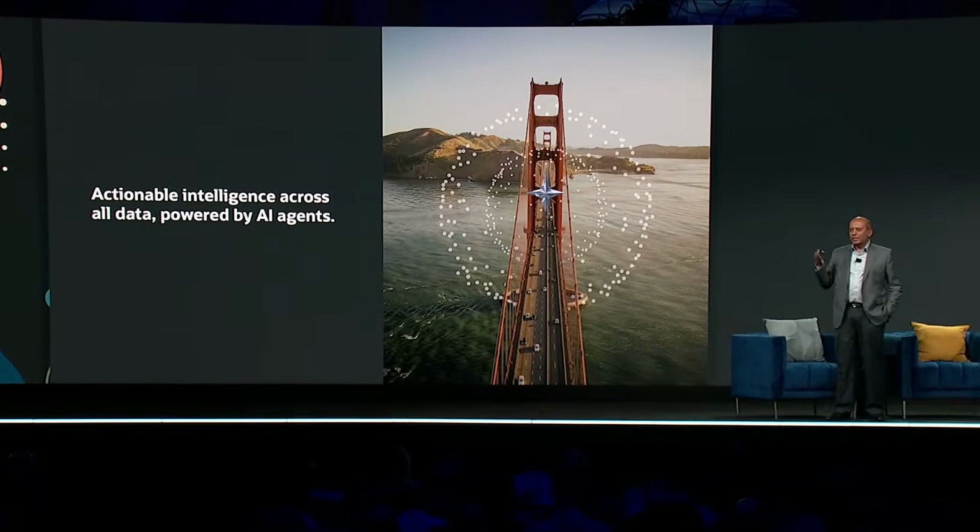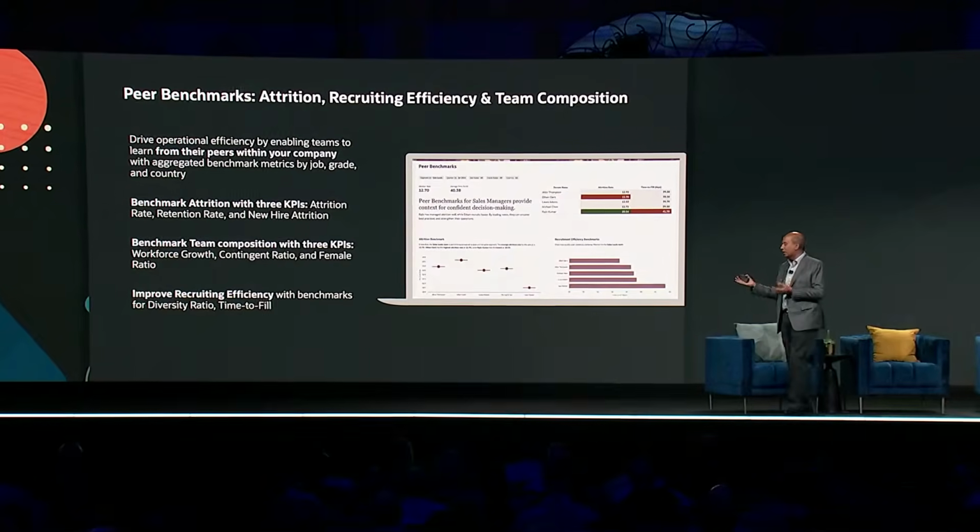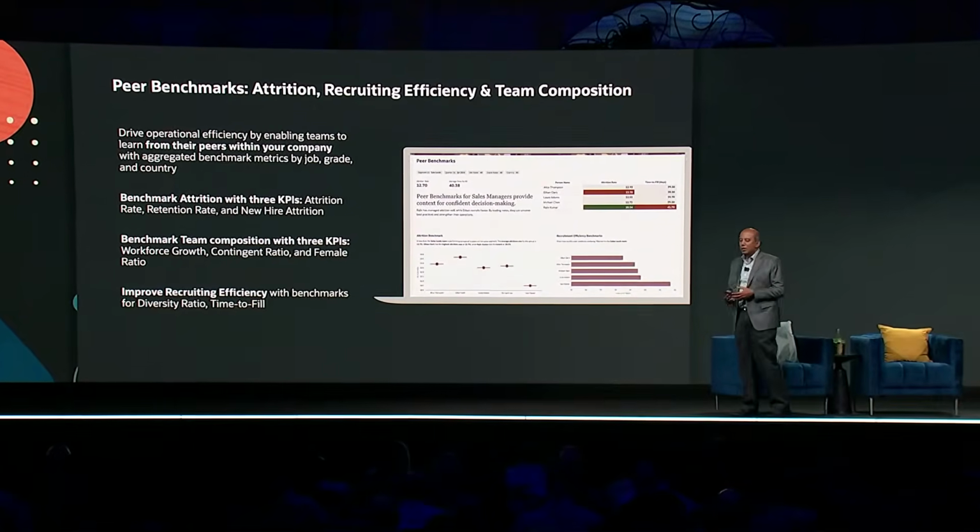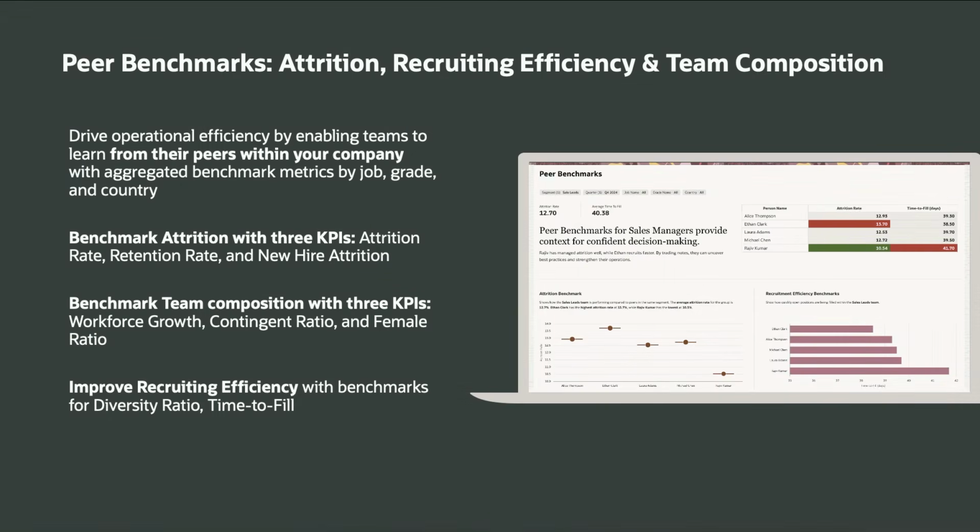I said we could bring in external data, but because we have access to a particular customer's data, we also have the ability to enrich that data and derive insights. One form in which we do that, and this is available in the product today, is benchmarks. If you're using our HCM HR analytics product, you can have us create benchmarks from your data. You control it and configure it the way you want.